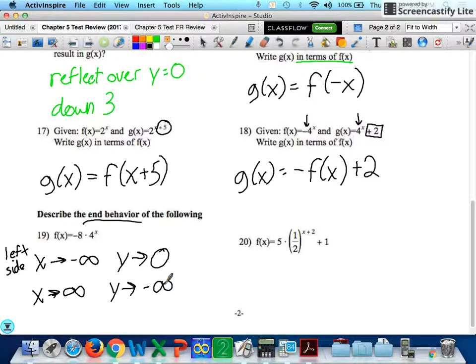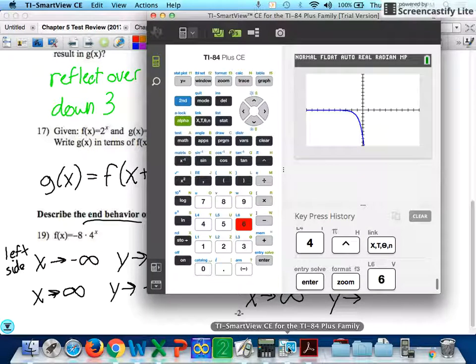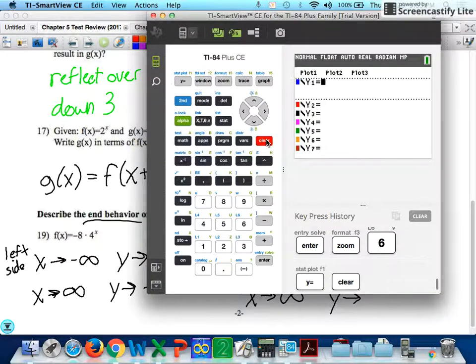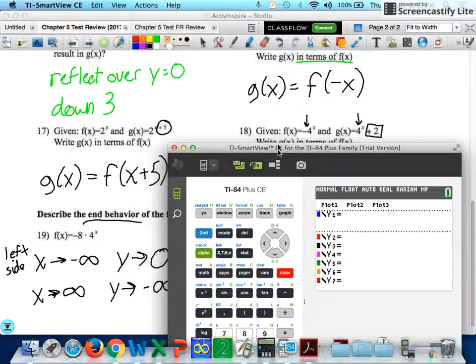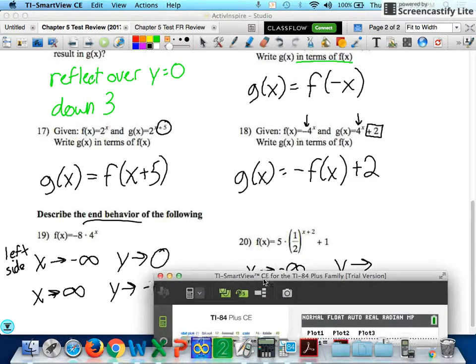Number 20 is asking the same question, so I go ahead and set it up as x approaches negative infinity, and as x approaches positive infinity. We're then asking what's happening to our y values. That's what end behavior is asking, okay? So now we need to type in this absolutely crazy equation, but thankfully our graphing calculator can graph it for us.